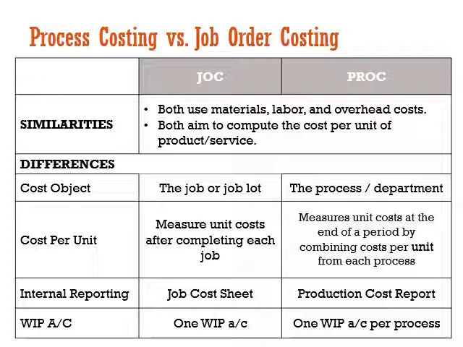As for process system, it uses production cost report. And finally, in terms of work in process inventory, under job order costing, it will have only one work in process account. On the other hand, process costing will have one work in process inventory for every process that it has. In this session, we want to discuss how do we measure per unit cost under process costing.